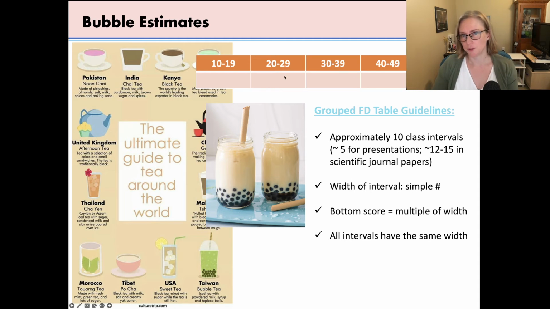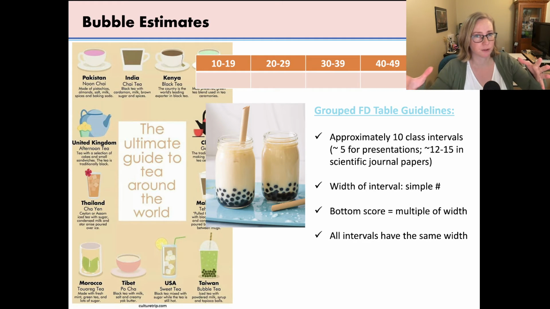So one of these guidelines that I talked about is generally you're going to want to aim for about, it depends on your data, of course, but if you have enough data that you can nicely split it into 10 class intervals, that's a nice way to display what's happening with the data.